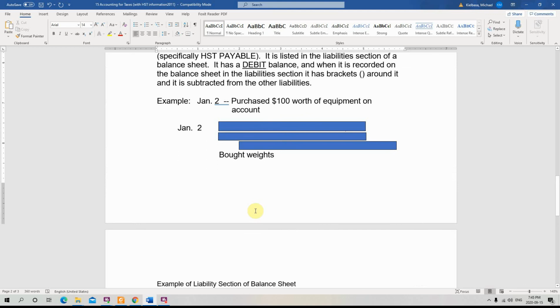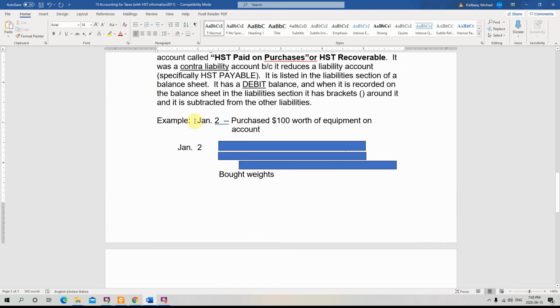All right, now let's go through an example. So let's suppose we're still a gym and we purchase $100 worth of equipment on account. Now, again, assuming that we have 13% sales tax, okay? Equipment is going to be debited for 100, right?